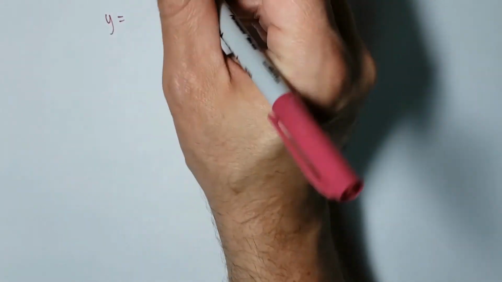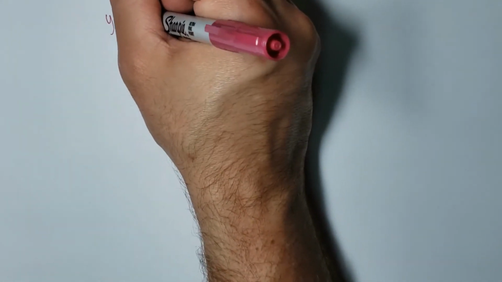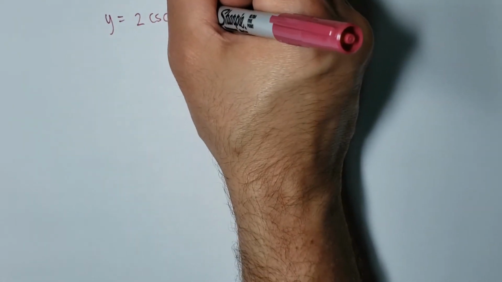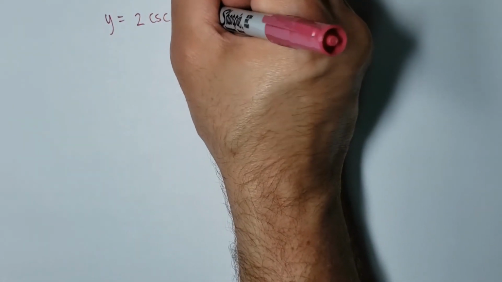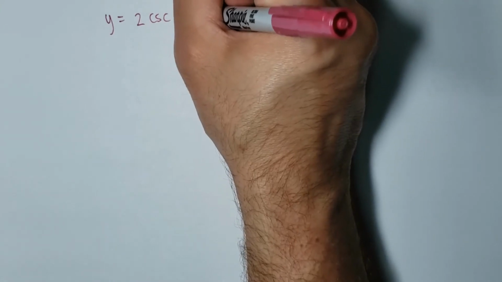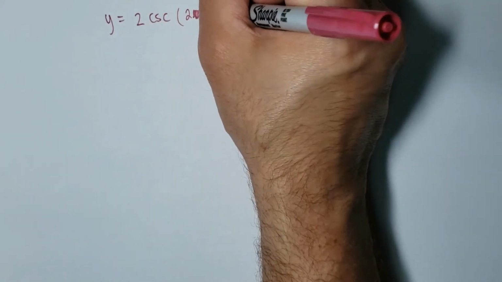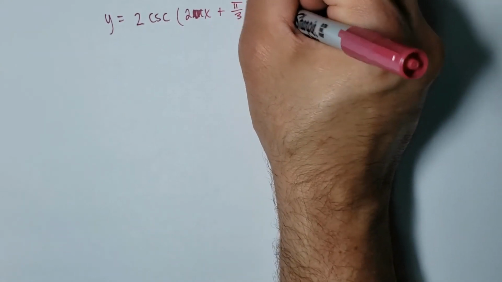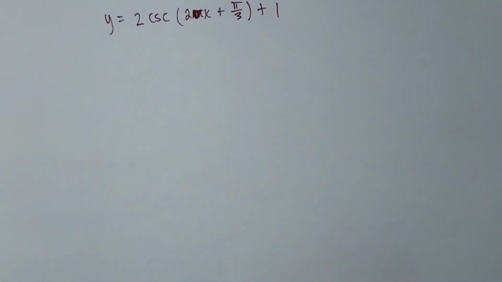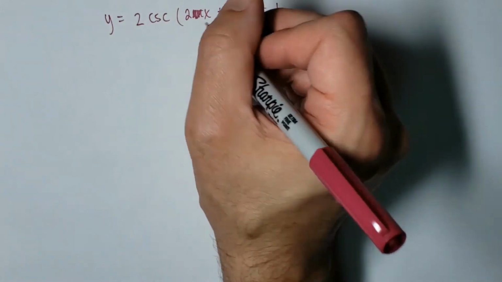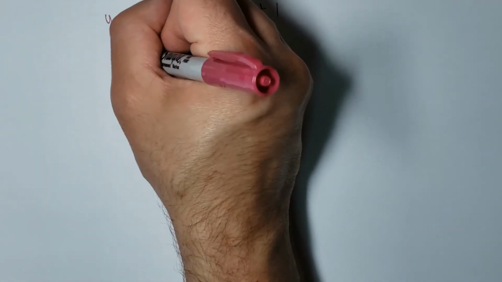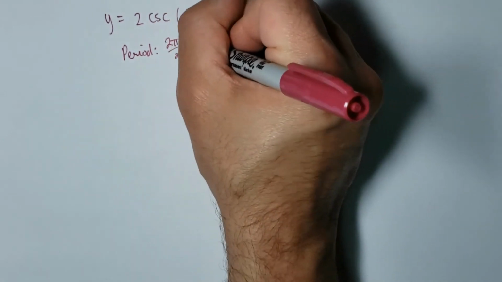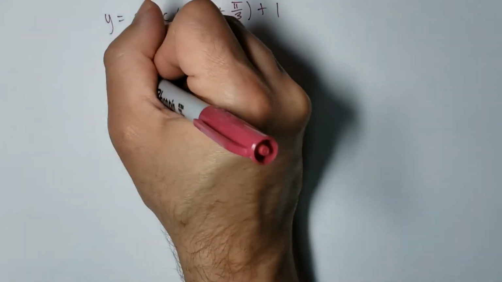Let's look at y equals 2 cosecant of (2x plus pi over 3) plus 1. Okay, so we need to find the period, which is going to be 2 pi over b, which is pi.